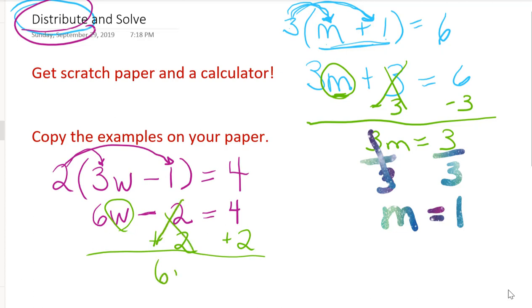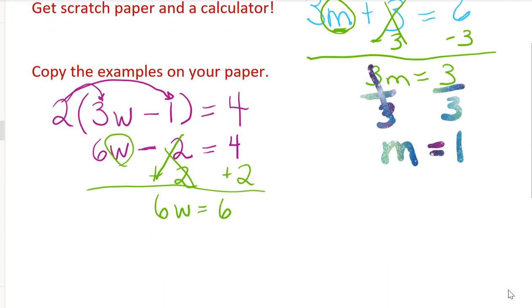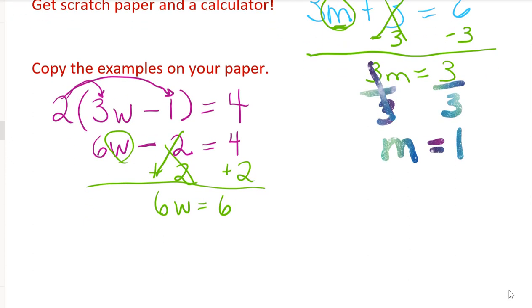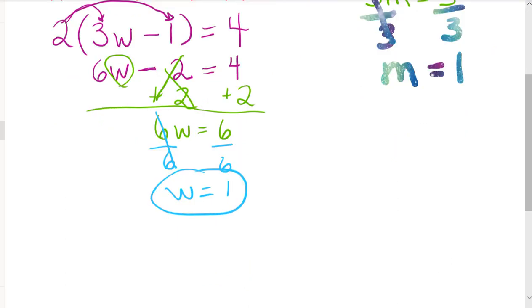I have 6w equals 6. 6w means 6 multiply, so I do the opposite of multiply, which is divide. 6 divided by 6 is 1. I got 1 two times. That doesn't always happen. I promise the next one we do, we will not get 1 for an answer.